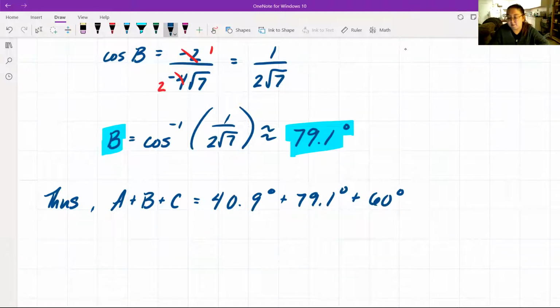Remember, we were given that in our problem. And adding all these values up, we do end up getting 180 degrees. So we know that our angle measurements are correct, and we know that our value of C was correct.